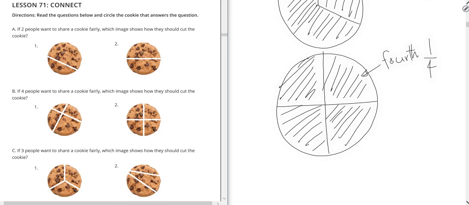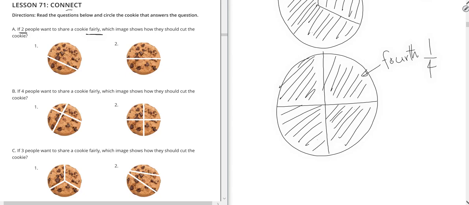Open your book, page number 36, lesson 71. Connect. Read the question below and circle the cookie that answers the question. Letter A. If two people want to share a cookie fairly, which image shows how they should cut the cookie?